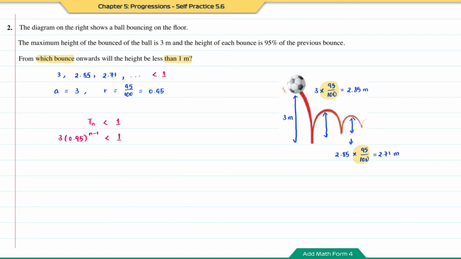First I'm going to move the 3 to the right hand side. Therefore, 0.95^(n-1) will be less than 1 over 3. Next, for this 0.95 to the power of n minus 1, using the law of indices, I can write this as 0.95^n over 0.95.